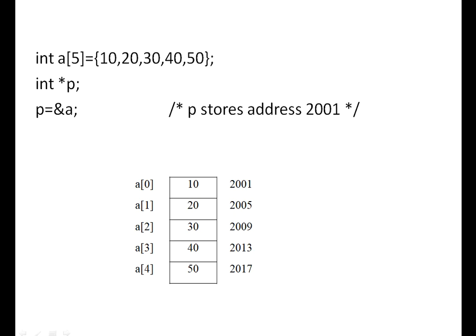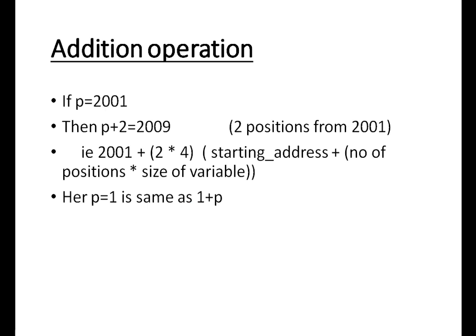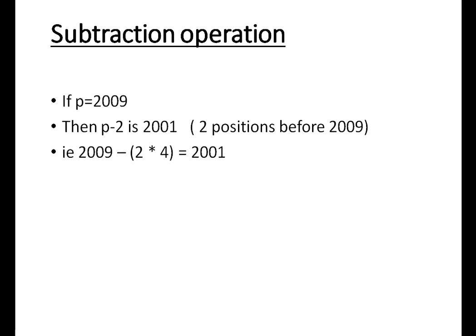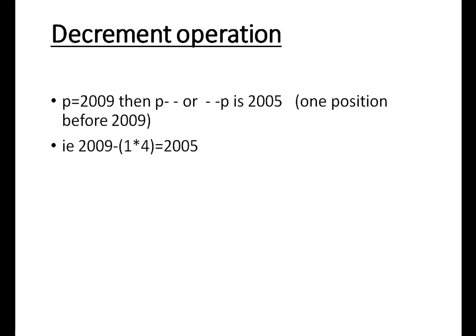How to calculate the address? Systematically, 2009 minus 2 positions, 4 plus 4, 2009 minus 8 will give you 2001. This is subtraction. The decrement, minus minus, will take you to the previous position. That's it.